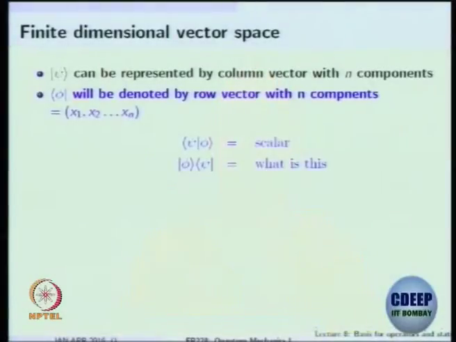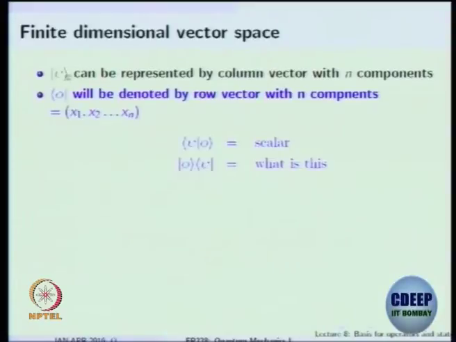Similarly, the dual of this ket, which we call a bra, will be denoted by a row vector. Suppose the entries in the n components are x1 to xn, some kind of an n-tuple. These x1 to xn could be real if it is a real vector space, or complex if it is a complex vector space.